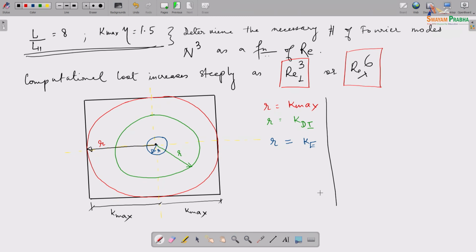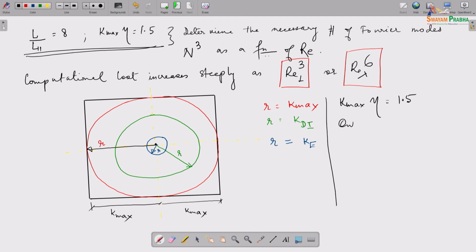Clearly, as we have learned, if I draw a domain which is k max eta equal to 1.5, then only the modes within this sphere of radius k max are dynamically significant.